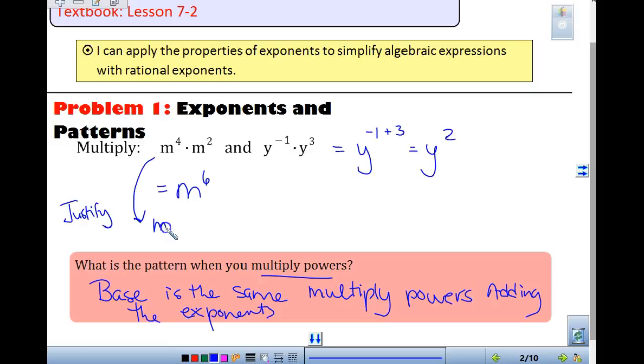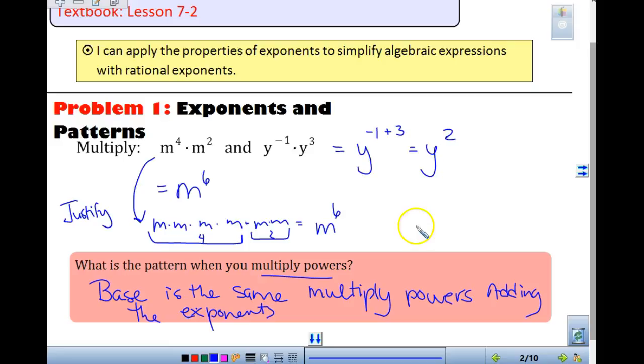They would show me that m to the 4th means I have how many m's? 4. And m to the 2nd means I have 2 more, which is a total of m to the 6th. That would just be the justification. That's why it works, that's why anytime I have these, it works.